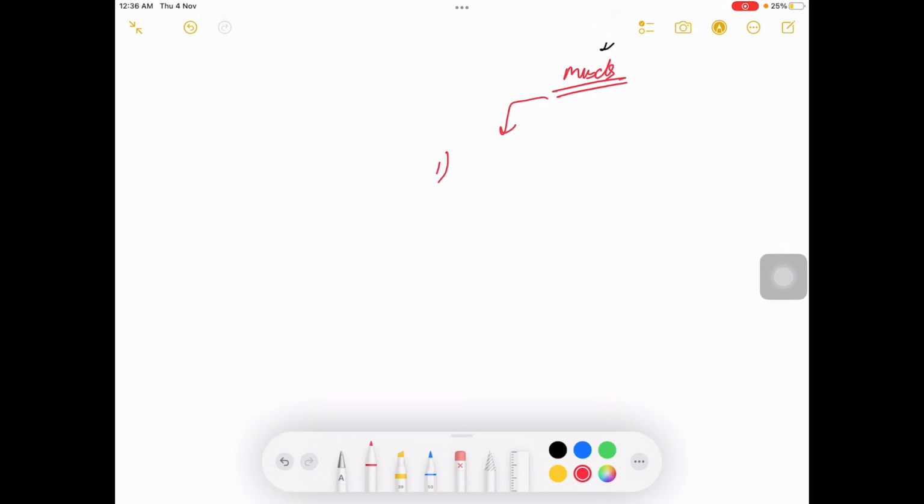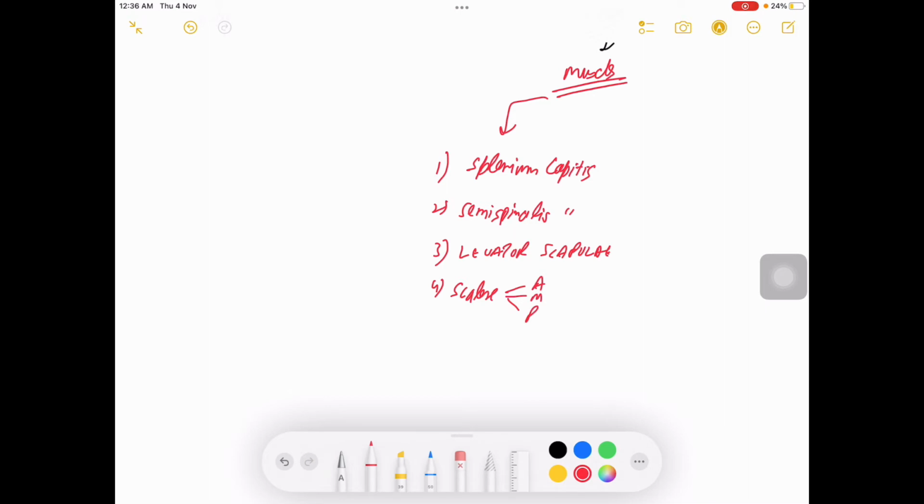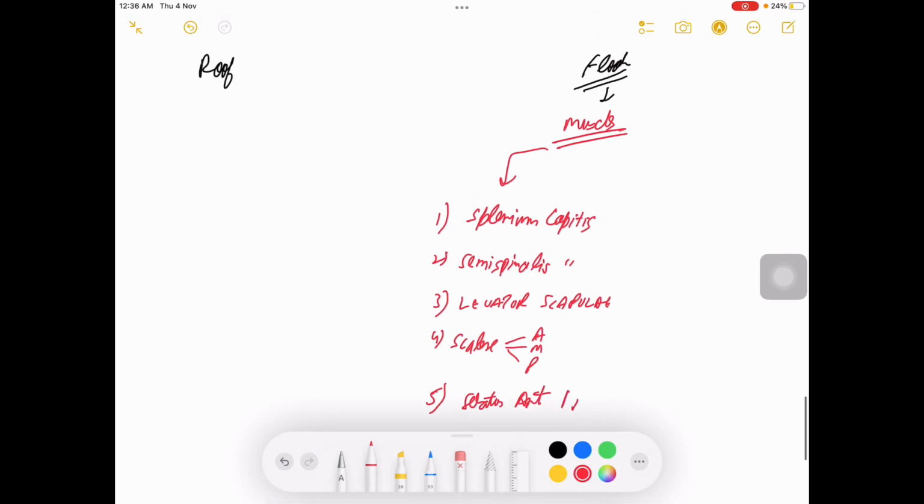So first one is your splenius capitis, semispinalis capitis, levator scapulae, scalene, anterior, middle, posterior, some part of serratus anterior. Okay, partly, let me mention partly.